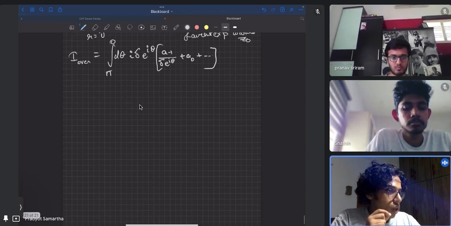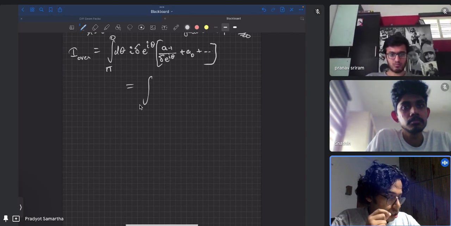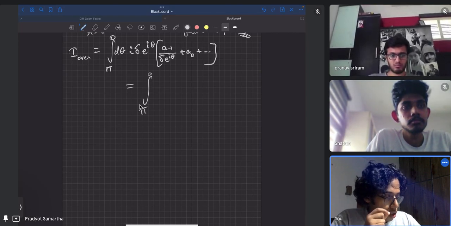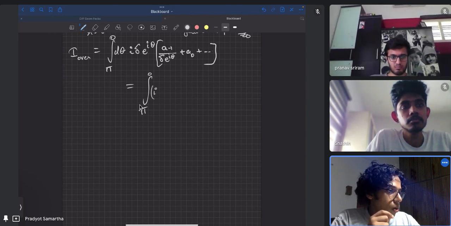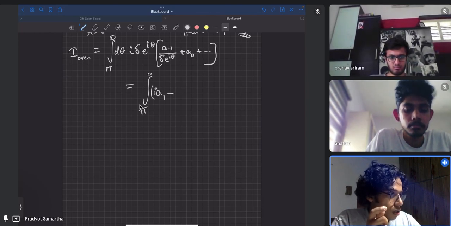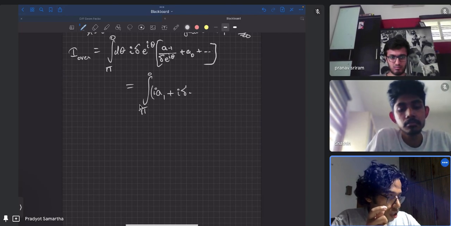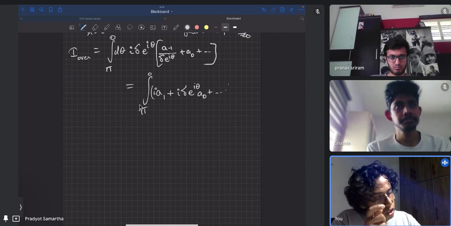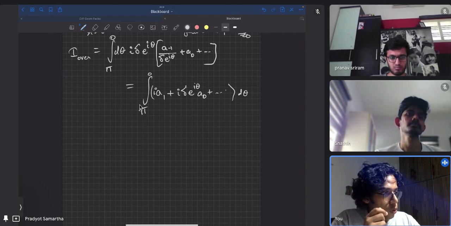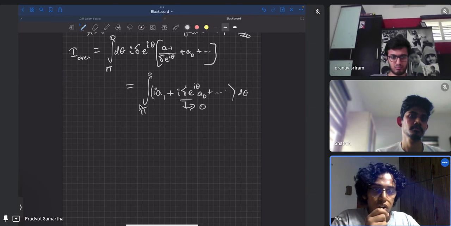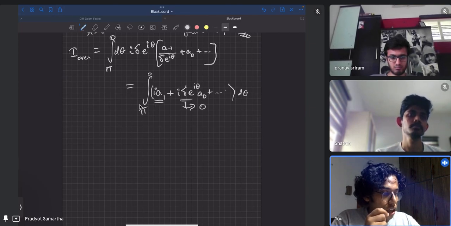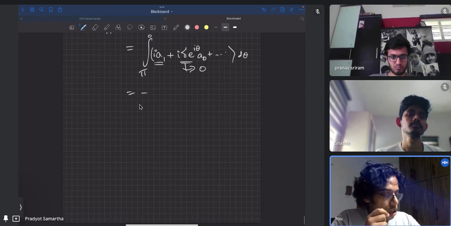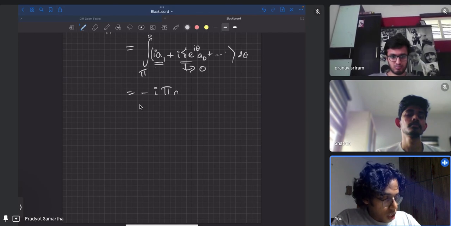Once you have this, you can get the integral from pi to 0 of i a minus 1 plus i delta e to the power of i theta a naught plus so on, d theta. All these terms with delta vanish, so you only end up having i a minus 1. As expected, the coefficient will be minus i pi a minus 1.